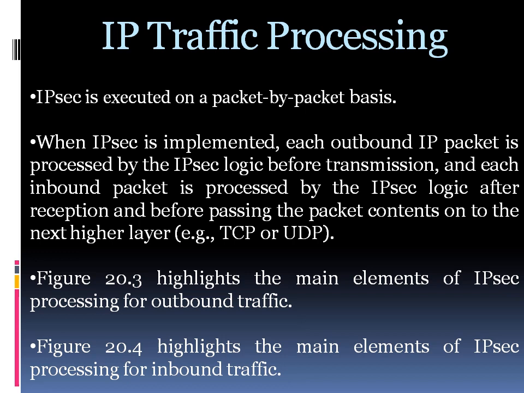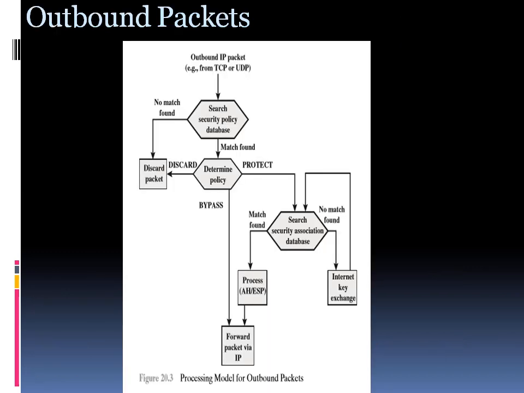Now figure 20.3 highlights the main elements of IPSec processing for outbound traffic and figure 20.4 highlights the main elements of IPSec processing for inbound traffic. Let us see the operation with the help of the flowchart in detail now. Let us see the processing for an outbound IP packet first. Firstly, IPSec searches the SPD for a match to its packet.